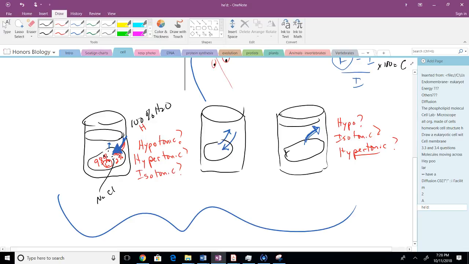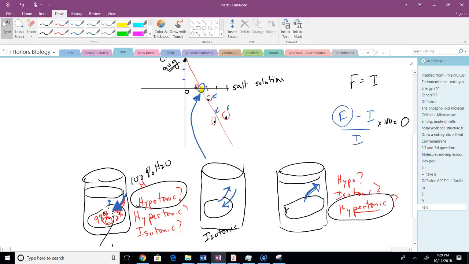Okay, I somewhat get this, but could you go over that in your notes? If it gains water, this is a hypotonic solution. If you were thinking that, then yay, good job. The solution that neither gains nor loses is an isotonic solution, where the solution outside is equal to the solution inside. And then the solution that loses water is a hypertonic solution.